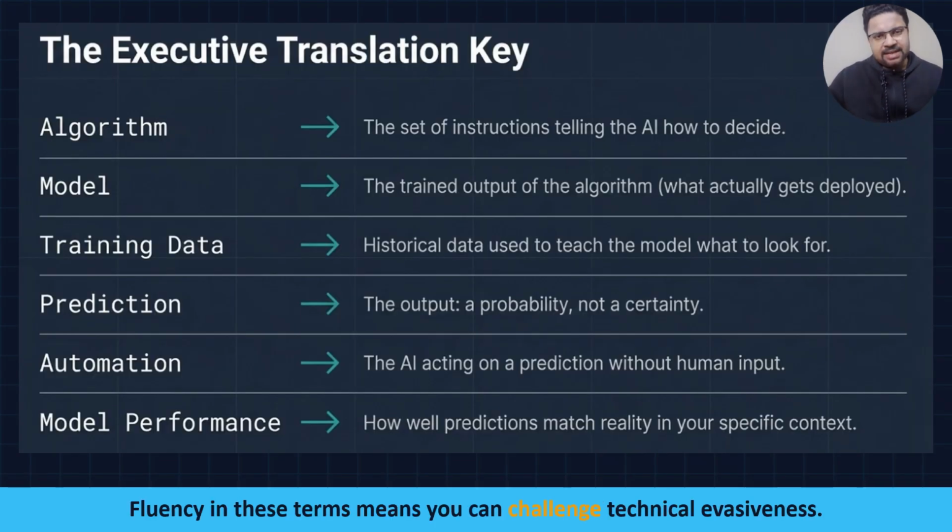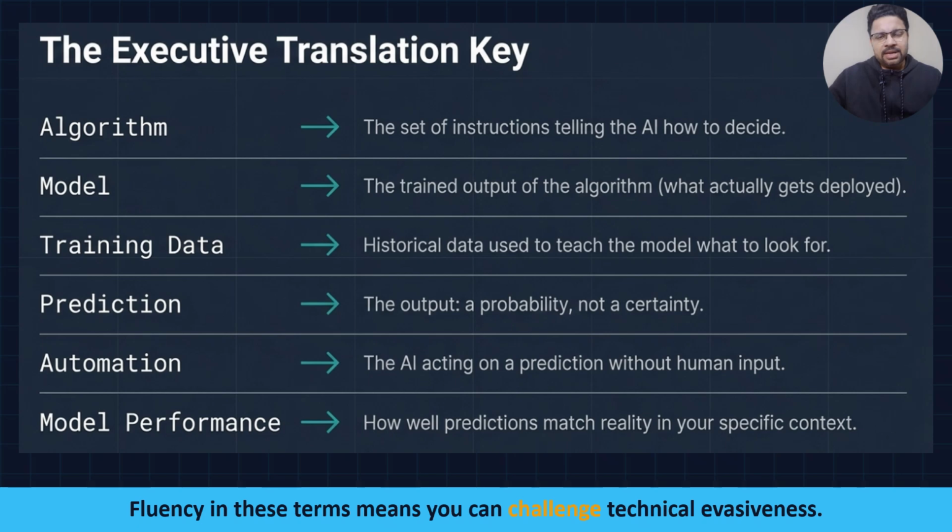To lead effectively, you need a common language. This vocabulary isn't about becoming a data scientist; it's about gaining leadership fluency. We are moving beyond the idea of a tool to understand the core components of AI. An algorithm is a recipe, but the model is the actual dish that is served. Training data is crucial. It teaches the model what to look for.